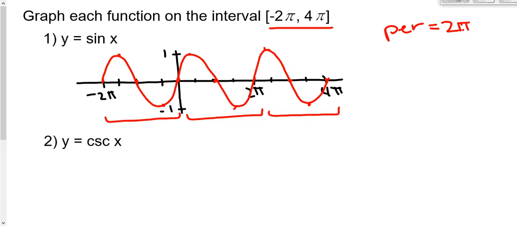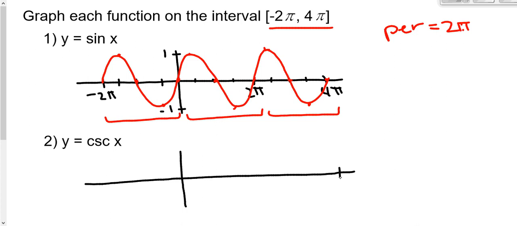Okay, for the cosecant graph, label your x-axis again, just like we did for the sine graph, going from negative 2 pi to positive 4 pi, and your 1 and your negative 1.